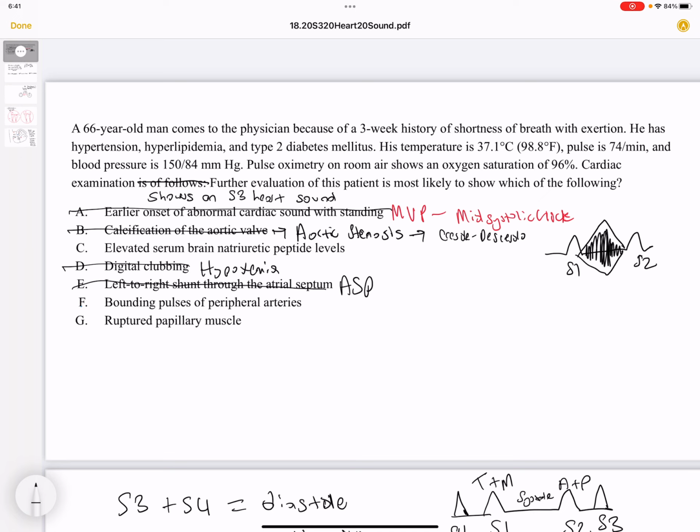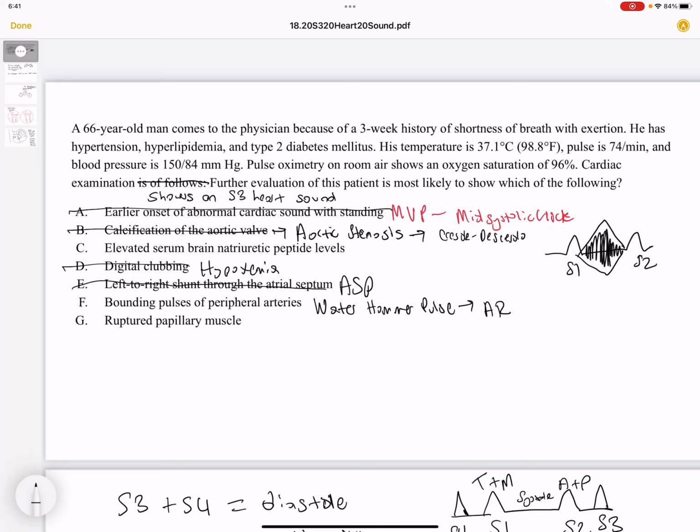Answer choice F is bounding pulses of peripheral arteries. Now this is referring to the water hammer pulse. That happens in aortic regurgitation.